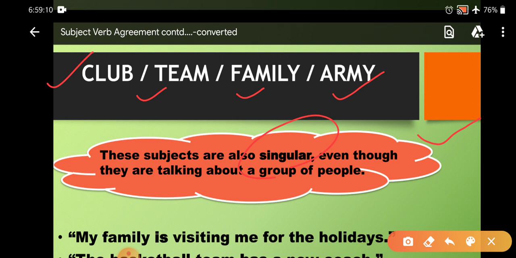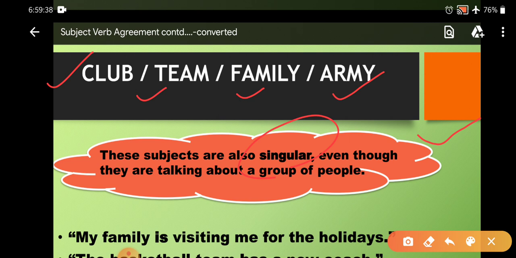They are singular because they talk about one collection of several things. Within that collective noun, there may be many units, many heads, but then we give one name to that collection of things or people and call them one collective noun. For example, club may have many members.